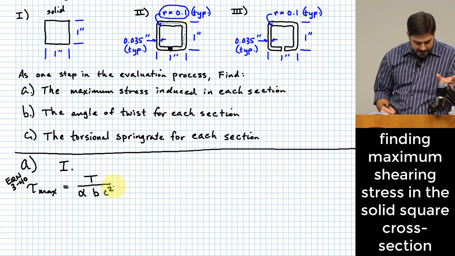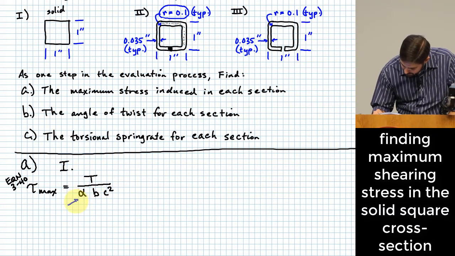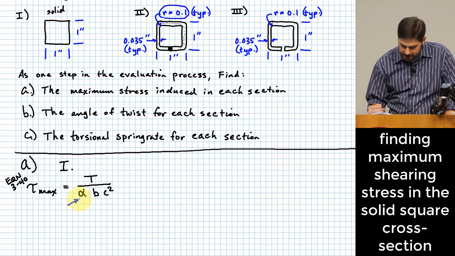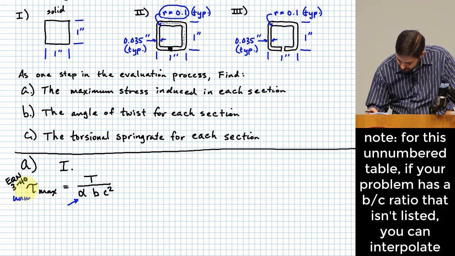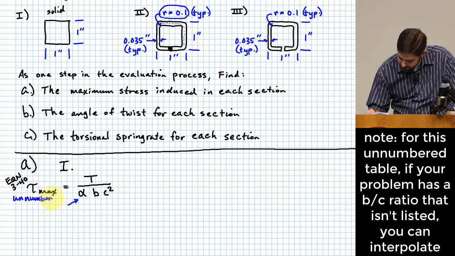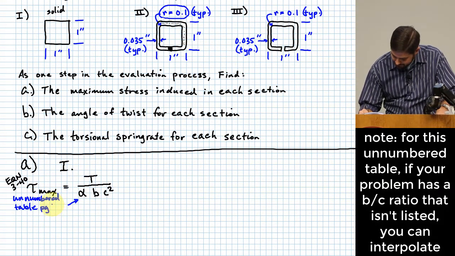All right, what about this alpha? Well, alpha is in this unnumbered table on page 116.